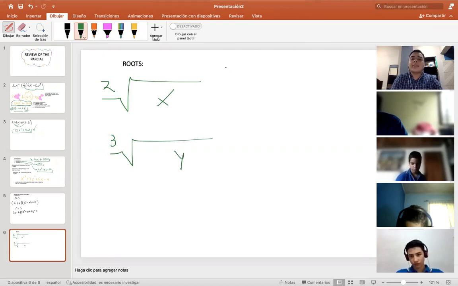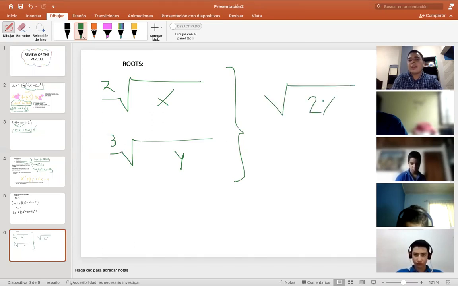What happened, guys? What happened if I give you, for example, this root? What is this root? A square root or a cubic root? What do you believe is this root when we don't have any number in here? Square root. Yes, it's going to be a square root.